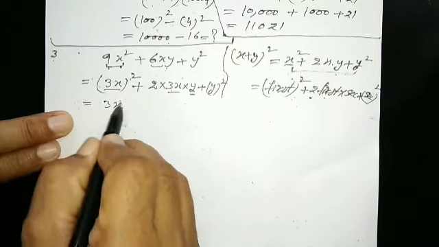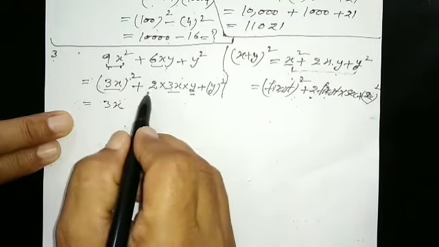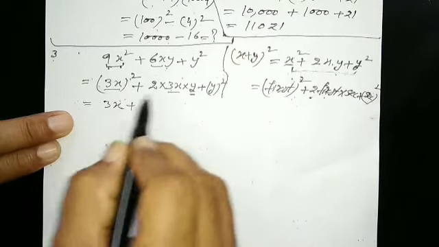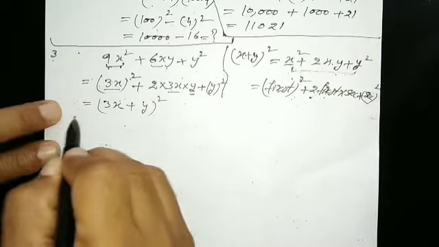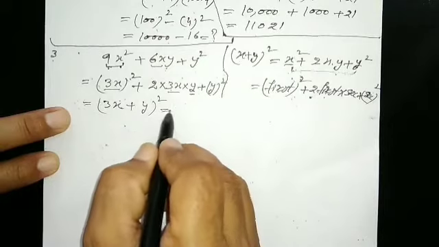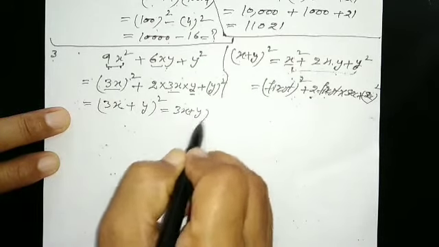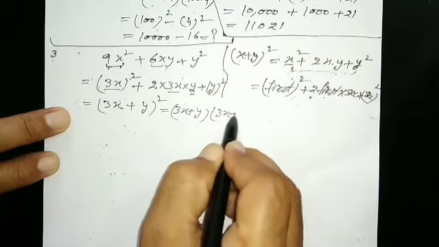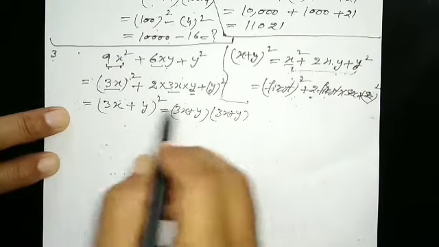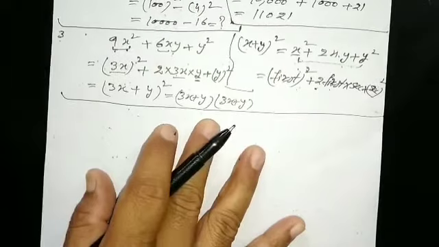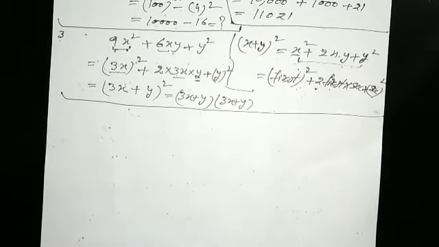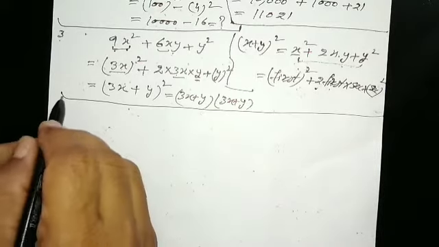This is first, 3x, plus second, that is y, and this is whole square. So you can write here also. Okay, so the reverse process you have to keep in mind, how it is done.